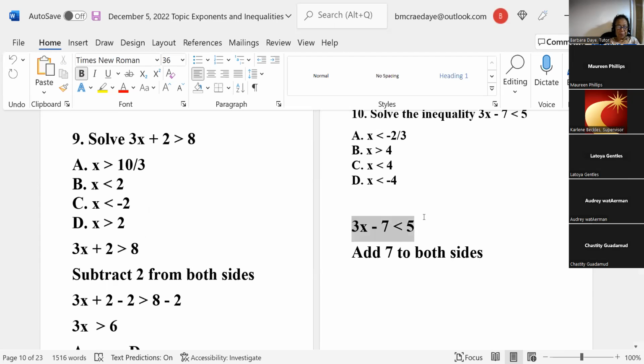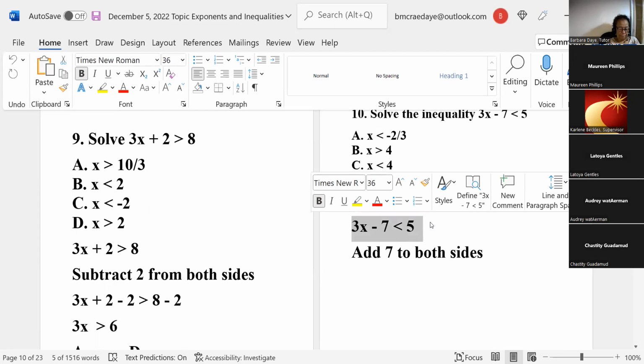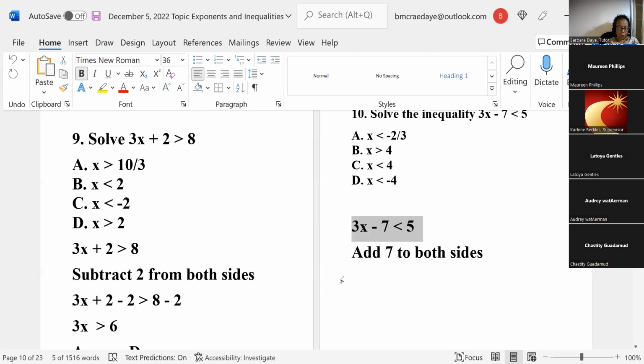Now let's do that, Audrey. What do you get? Add 7 to both sides. So let's put plus 7 on the left and plus 7 on the right.